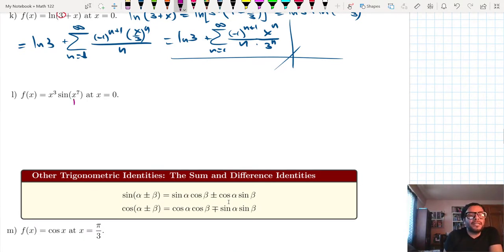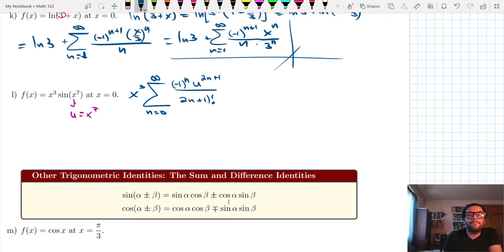Okay. First of all, from here, I'm going to say that u equals x to the 7. And I'm going to write this x cubed simply in front of the sigma notation, n equals 0 to infinity, negative 1 to the n times u to the 2n plus 1 divided by 2n plus 1 factorial.